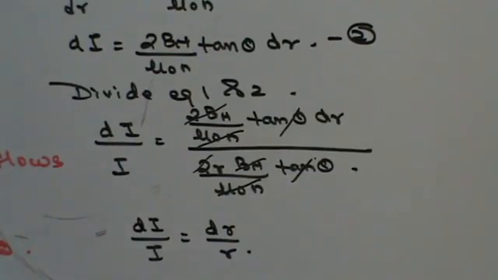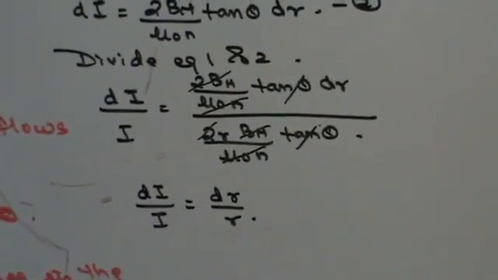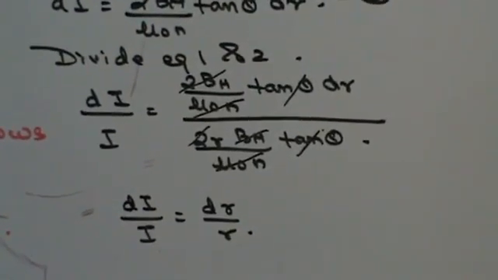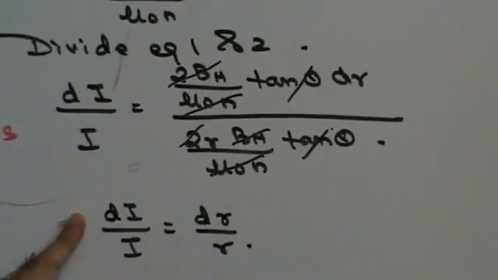So for minimum error in current, the radius of the coil must be as large as possible. Here you can see that error in current is inversely proportional to radius. I can therefore say for minimum error in current, R should be as large as possible.